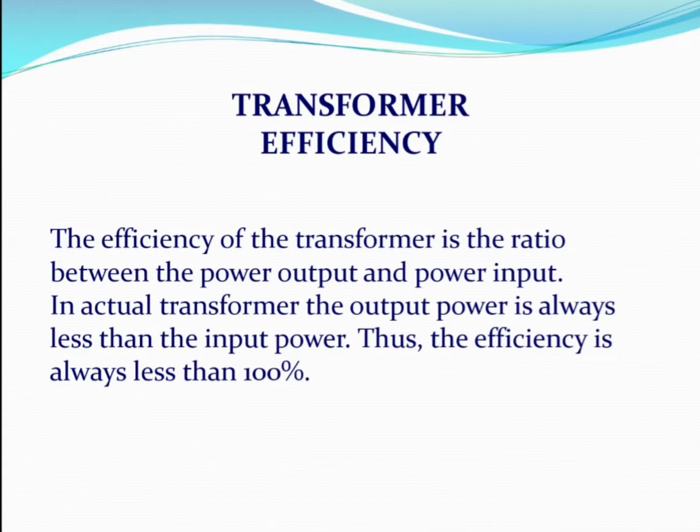That means there will be some losses in the resultant power. So the efficiency is the ratio between the power output and the power input. So we can say that the transformer efficiency will always be less than 100%. That means a transformer cannot be 100% efficient. There may be certain loss of power due to certain reasons. So we shall discuss what are the reasons that lead to these power losses.